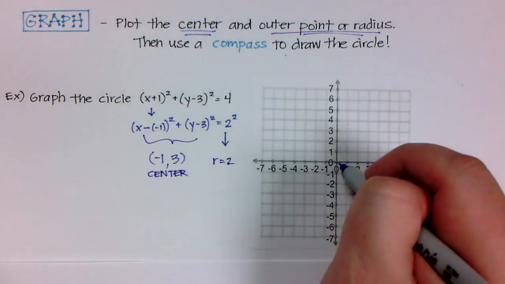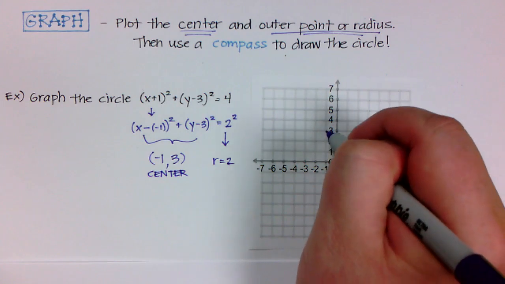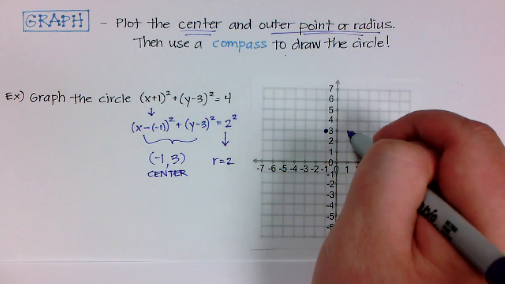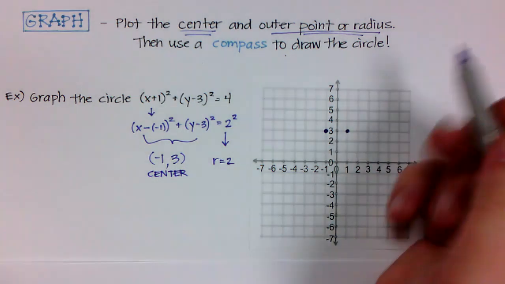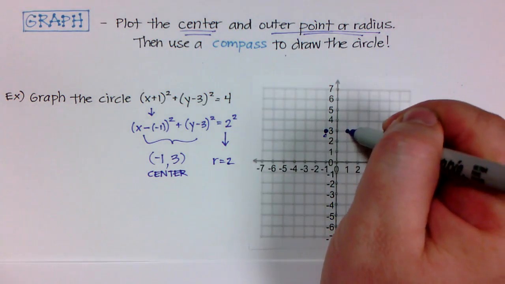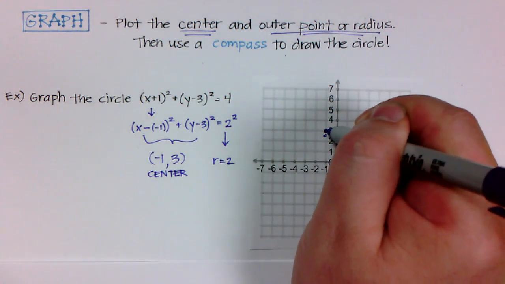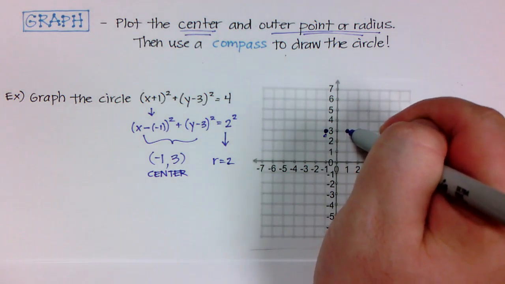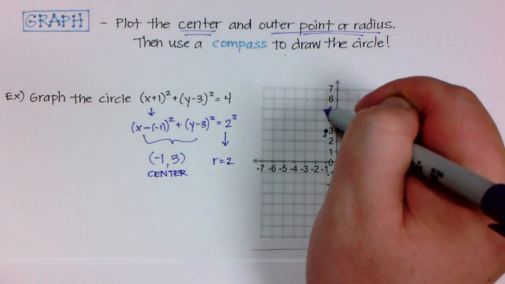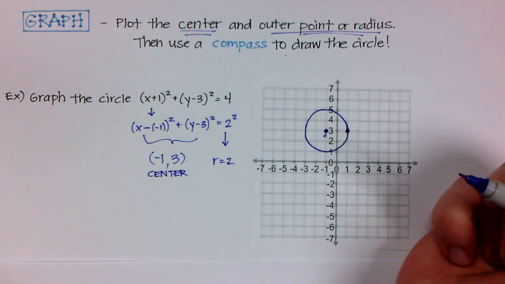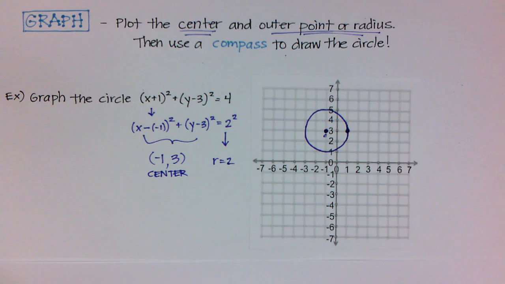So if I plot my center at -1, up 3, and I know that the radius is 2, I can go in any direction, either horizontally or vertically. Then I'm going to take my compass and have it stationed right here on the center, open the other point to the radius, and draw it all the way around, and I will have my circle. And that's all that we're doing today. So come with any questions you have when you come to class, and I will help you out.